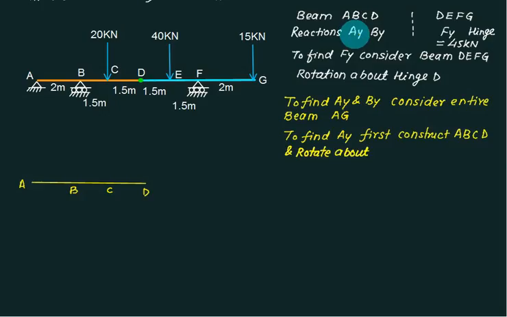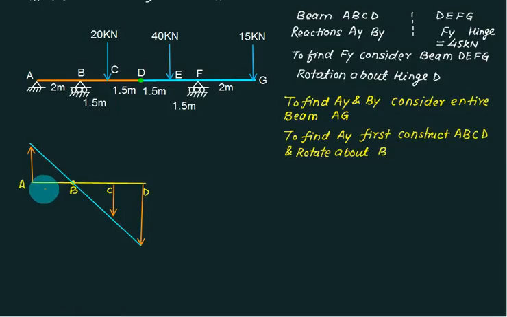If you want to find out AY, you have to rotate about B. B is the middle point. If you rotate about the middle point, then half portion will come above and half portion will go below. So first you draw this part. For this portion, this will go upward, this will go downward, and this will go downward.